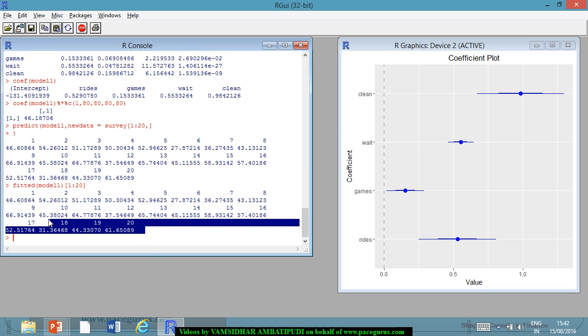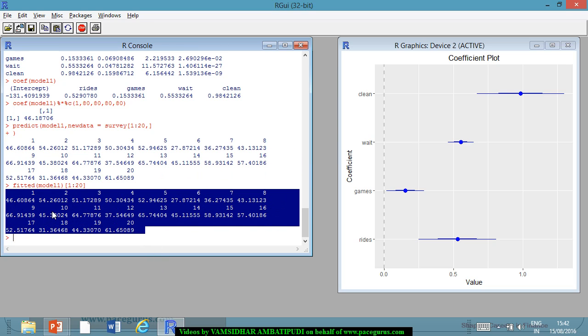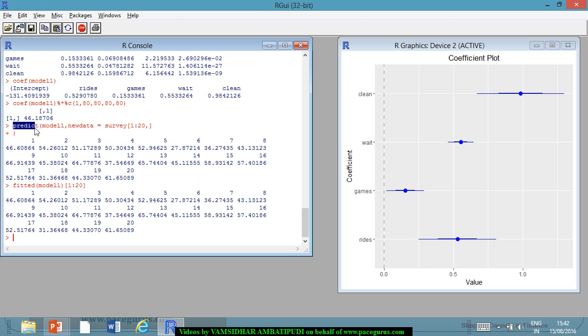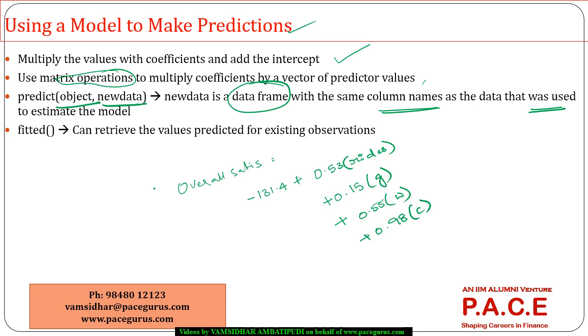Either I can get them as fitted if I am looking for the existing data itself, the model fitment to the existing data, and if I am directly using the predict function, I can get it in this way. Both of them will lead me to the same result, especially when the data is the already existing data. So this is one more aspect that we really need to be comfortable with, right?